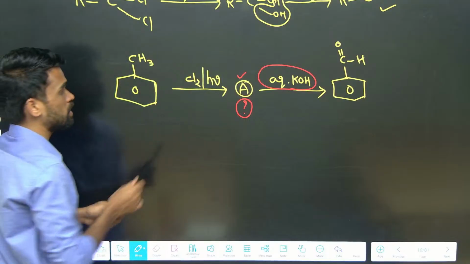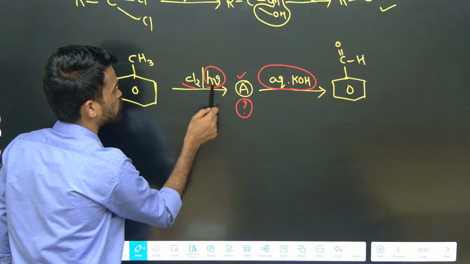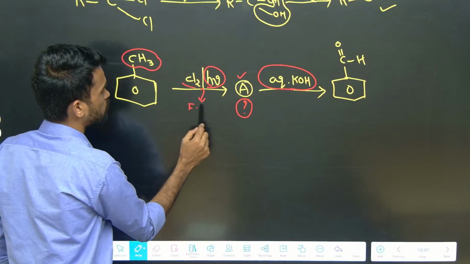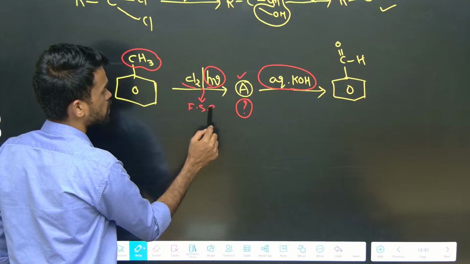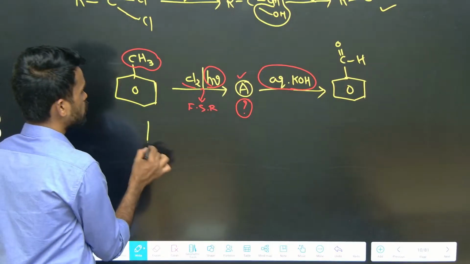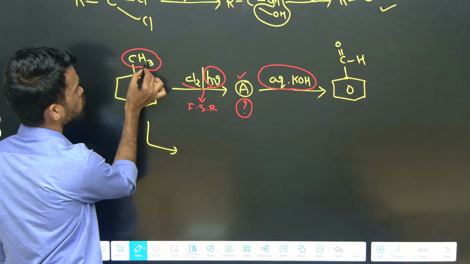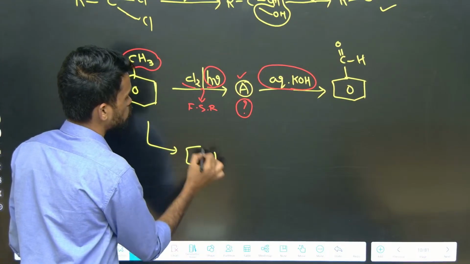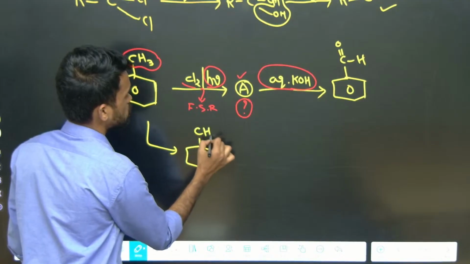How can we identify it? See, chlorination in the presence of sunlight happens at this benzylic carbon, by a free radical substitution mechanism. Here just remove hydrogens and replace them with chlorine. If I substitute only one chlorine, we will get CH2Cl.